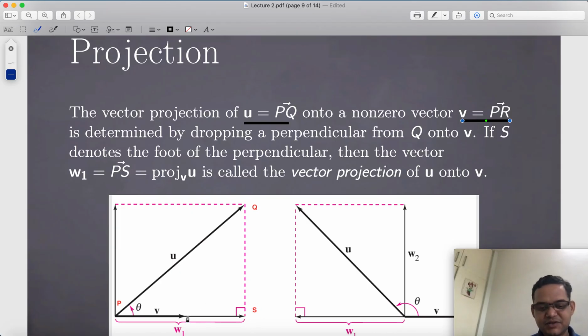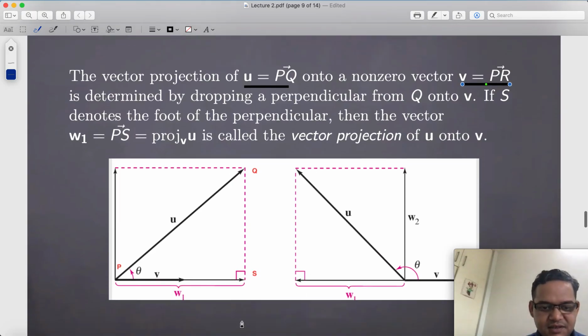So what I have done is I have extended the vector v, so that the perpendicular meets the line which is in the same direction as given by v. Okay, so we are assuming that this is meeting at the point s.